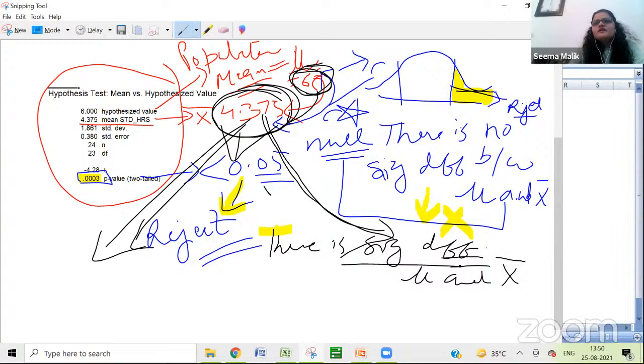There can be so many factors. Maybe the education system, the perception of the parents and other things are not the same as in other parts of India. So you need to report why there is a lower value of study hours in your sample as compared to the population mean. This is the main contribution of a research.